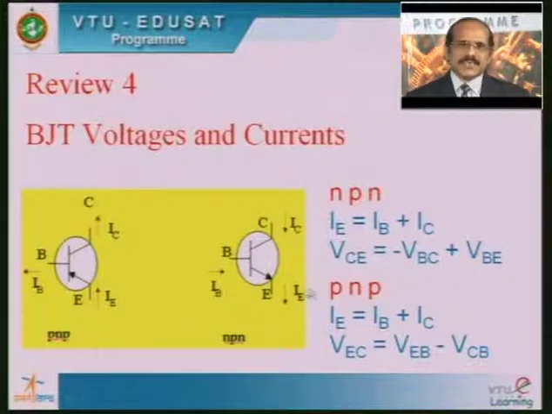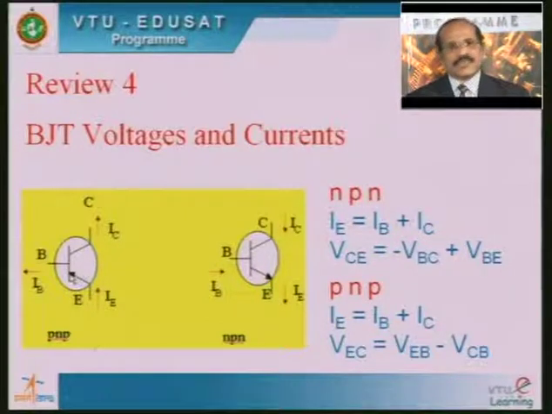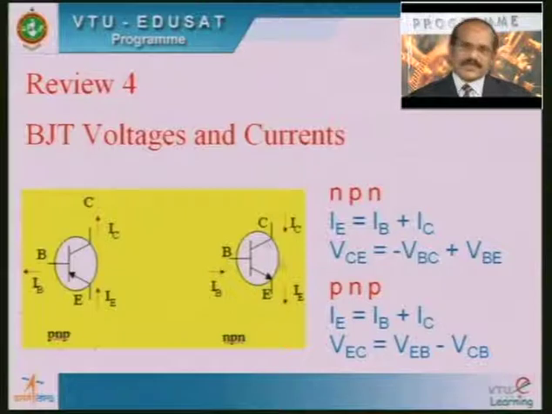Also, in the symbol, the arrow represents the emitter. In the PNP symbol you can see that the arrow is over here, so this terminal represents the emitter, whereas in the NPN transistor this terminal has the arrow.